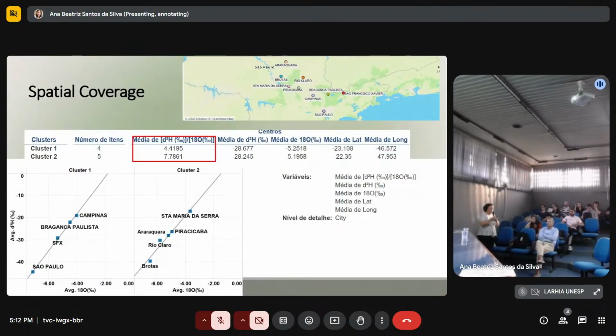We used cluster analysis. We have the ratio of deuterium and O18 as a variable, deuterium alone, O18 alone, and the geographical latitude and longitude variables. For the cluster that we tried at the moment, we still need some sensitivity analysis, but the aggregation we had was like this: São Paulo, São Francisco Xavier, Bragança Paulista, and Campinas together in the first cluster, and Santa Maria, Piracicaba, Araraquara, Rio Claro, and Brotas together.